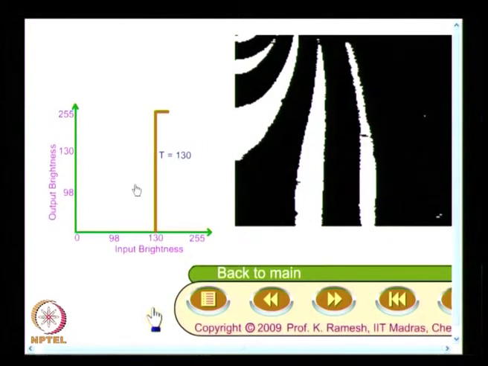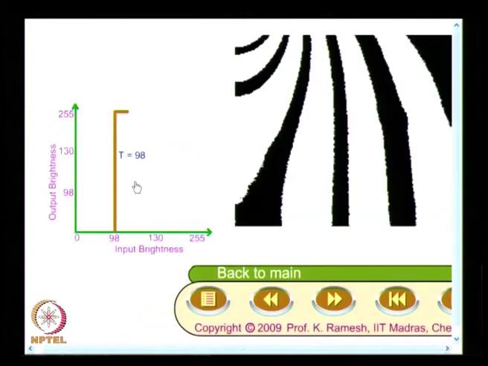If I change the threshold optimally, suppose I make it 98, which is a very good threshold for this problem, I see so many fringe contours beautifully demarcated. This is one of the greatest advantages in photoelasticity.